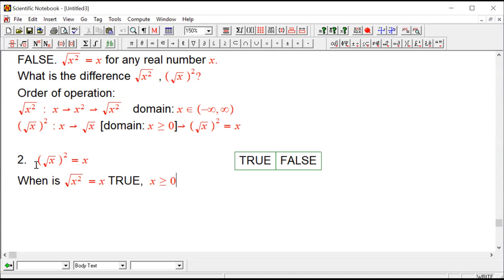Now, for any real number, can this be equal to something that will make it true? What would that be?